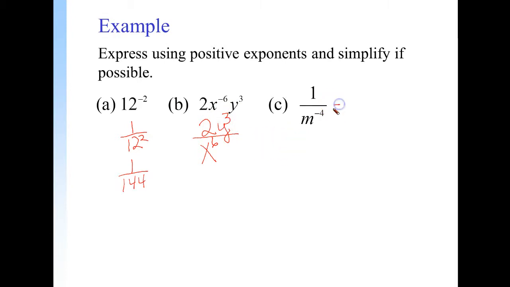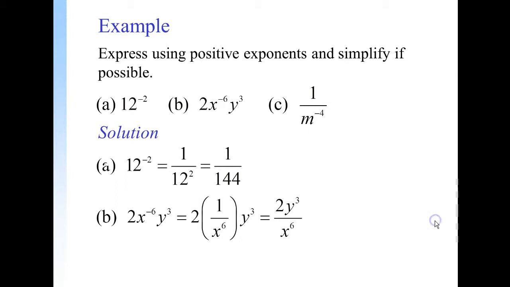And here we're going to just bring the negative exponent across the division bar, and that becomes m to the 4th. And again, it's over 1, but we don't write the 1 there. Okay.